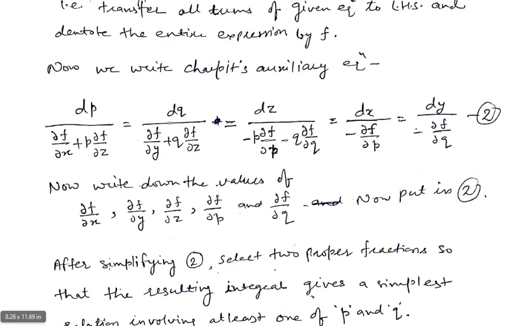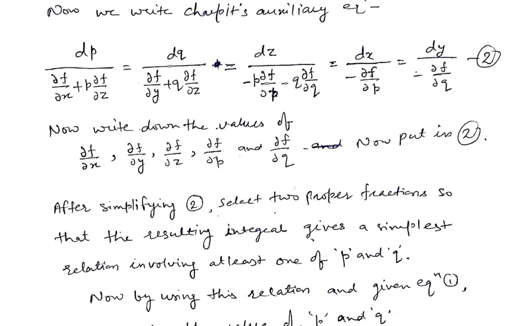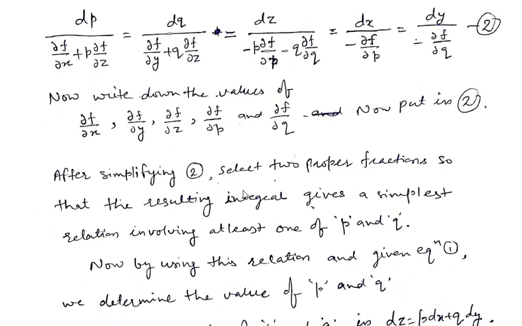Now we calculate the values of the various partial derivatives of f with respect to x, y, z, p and q, and put these partial derivatives in this auxiliary equation. After that, select two proper fractions so that the resulting integral gives us the simplest relation involving at least one of p and q.